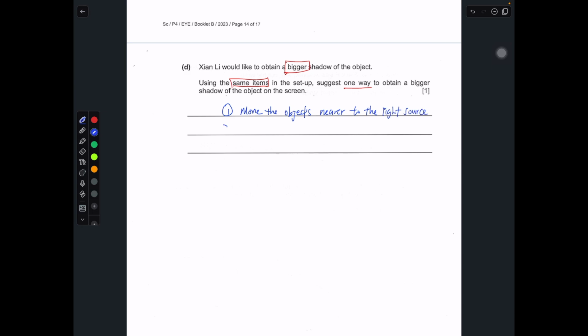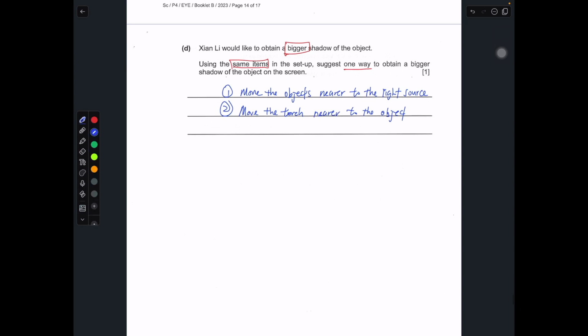An alternative answer you can consider is this: move the torch nearer to the object. It means the same thing. You're just trying to close the distance. So either of these answers will be right.